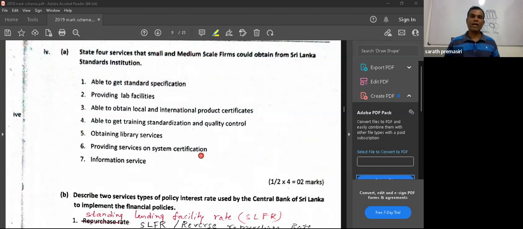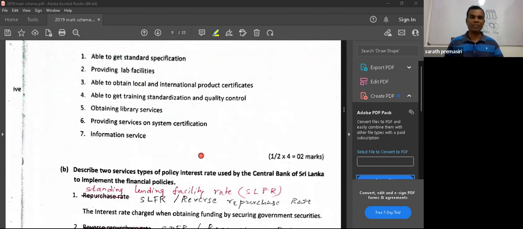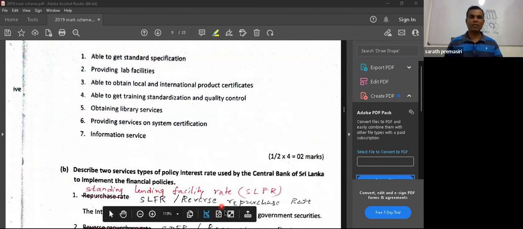First one is the standing lending facility rate, SLFR. The other one is the standing deposit facility rate. Now, reverse repo rate is not relevant now. Earlier it was named as reverse repo rate.